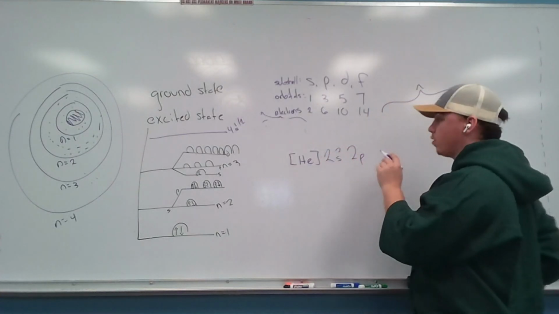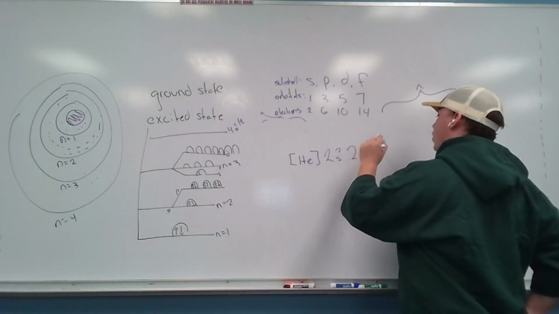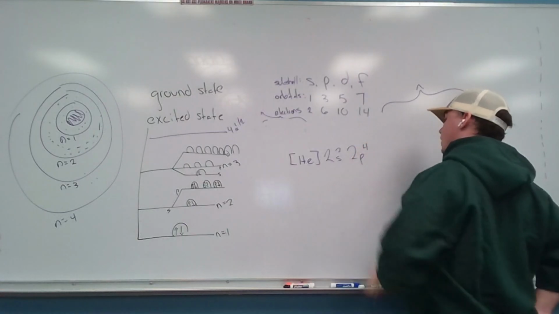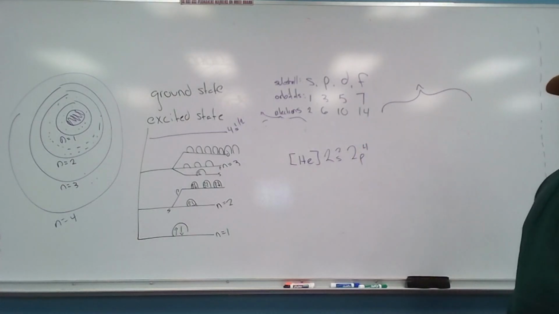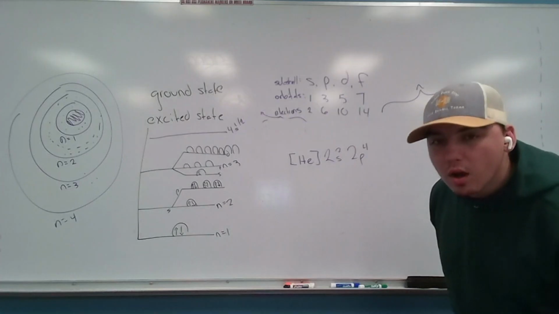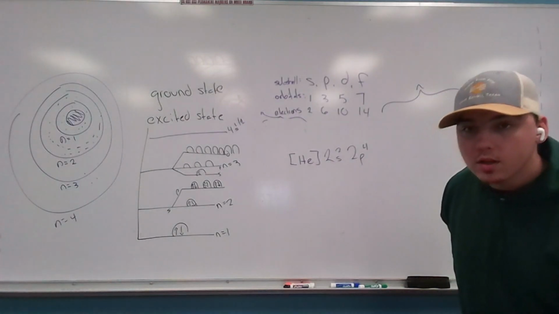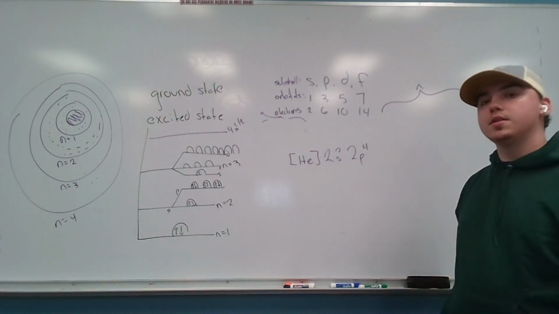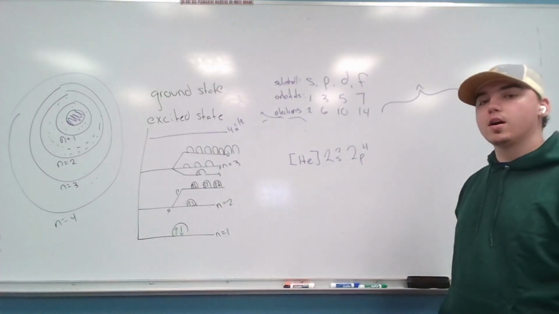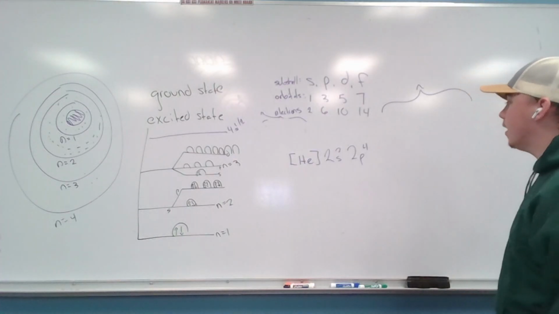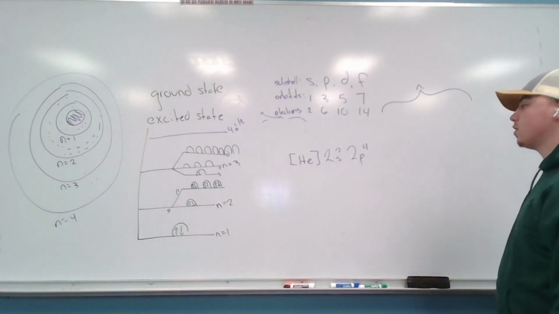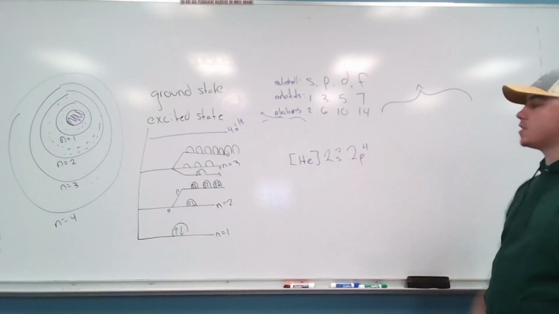Yep, 1, 2, 3, 4. That's in the fourth column, so 2p4. Easy. And it'll have 6 valence electrons, because 4 plus 2 is 6.